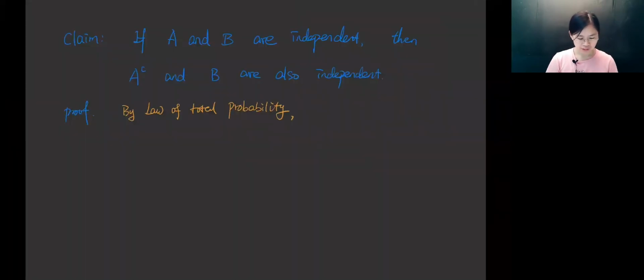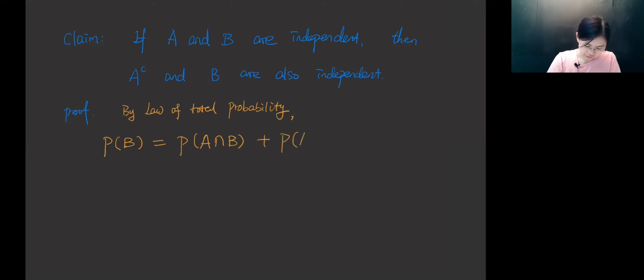About independence, we have the following claim. If A and B are independent, then A complement and B are also independent. We can show this by first appealing to the law of total probability. P of B equals P of A intersect B plus P of A complement intersect B. That's the law of total probability.